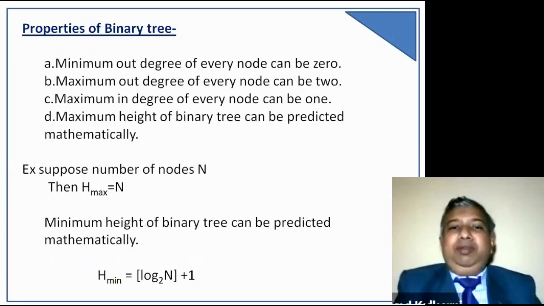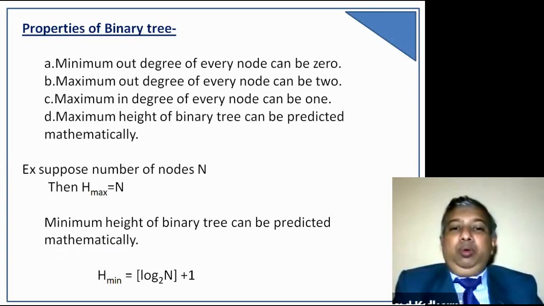Properties of binary tree. There are 4 properties of any binary tree. First one, minimum out degree of every node can be 0. Second, maximum out degree of every node can be 2. Maximum in degree of every node can be 1. Maximum height of a binary tree can be predicted mathematically.